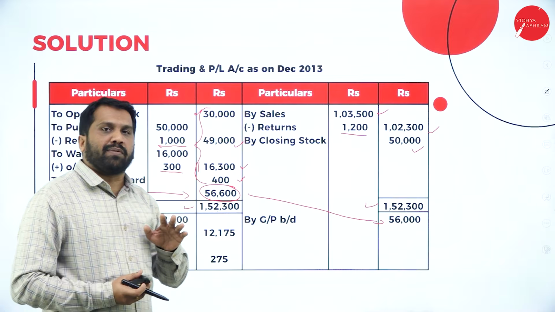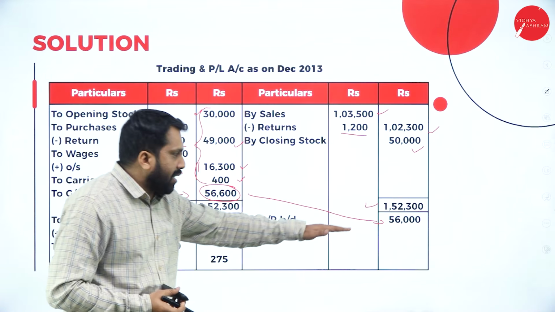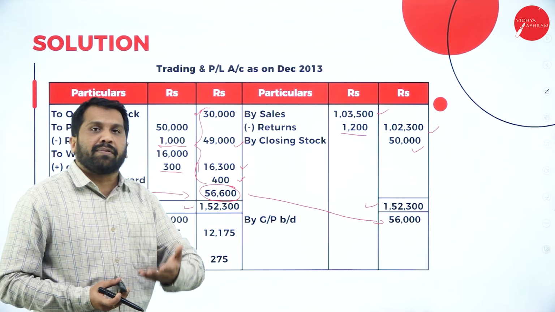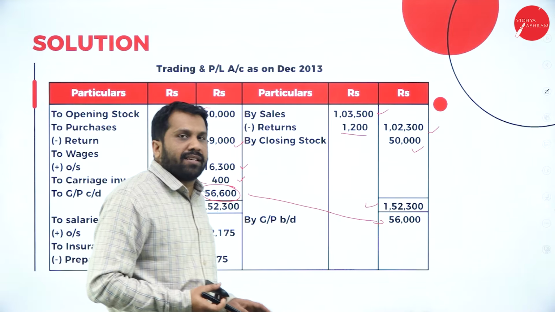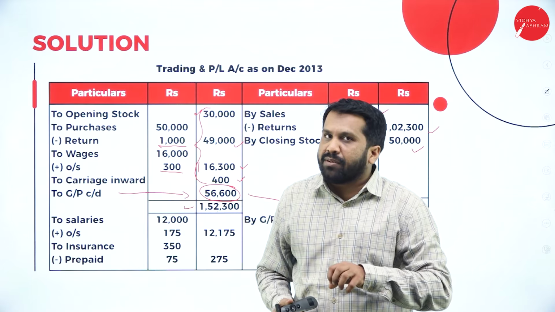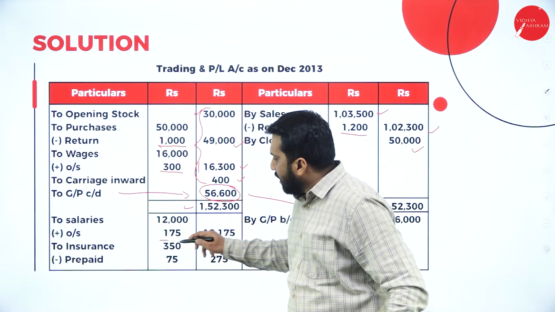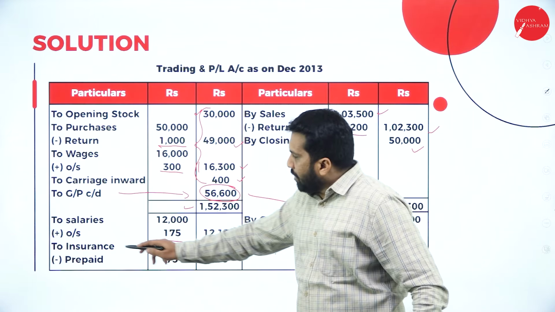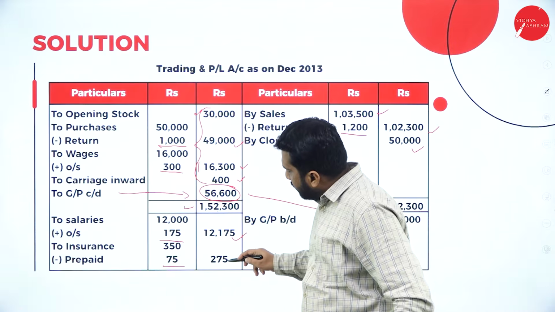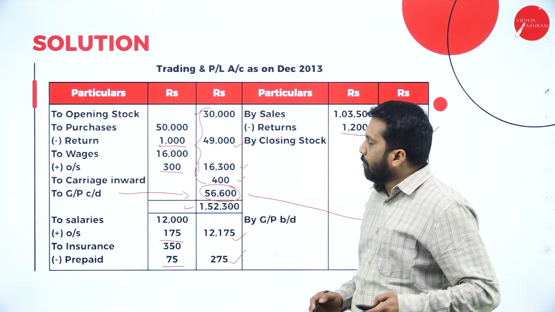Now it is a simple P&L. All the incomes come under credit, all the expenditure comes under debit side. In this question, they have given all the expenses only. Now, salary plus outstanding. Here, insurance minus prepaid. Here, I'll show you where you have all these adjustments.